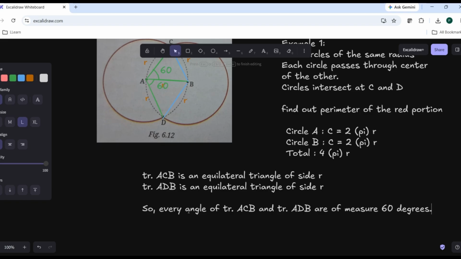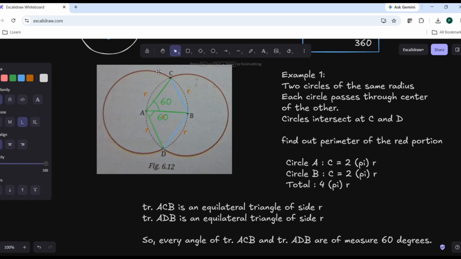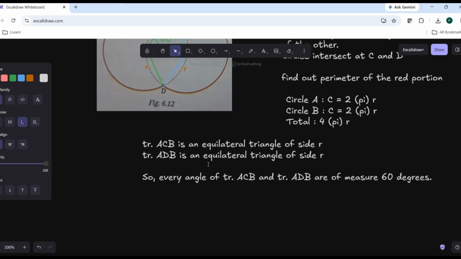Now this arc CB is subtending an angle of 60 degrees at the center. So what does this mean?